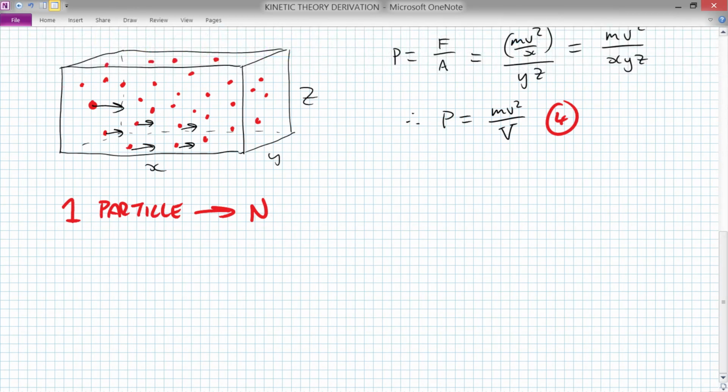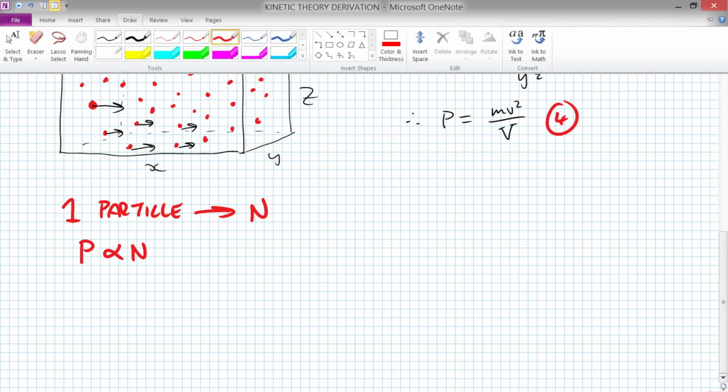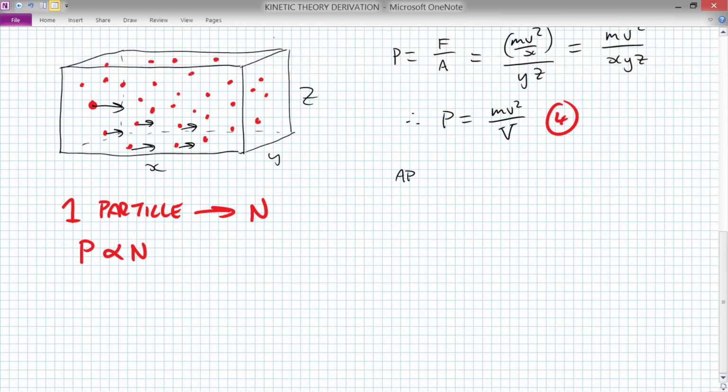Well, you'll remember Avogadro's law. Avogadro's law said something like pressure is proportional to n. So basically what I'm going to do over here is I'm going to apply Avogadro's law to our box, and therefore to our pressure.